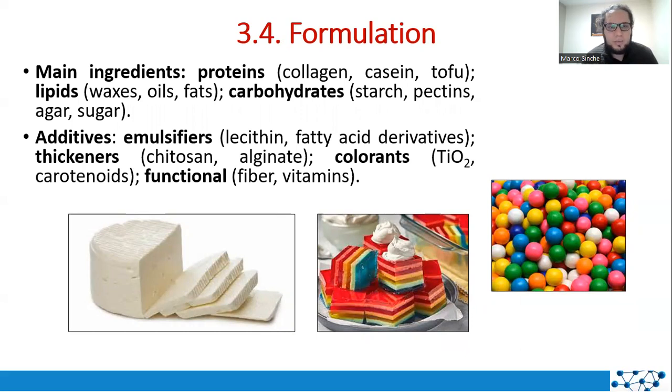In other cases, they will act as additives, as lecithin, that is probably the most important emulsifier in the industry. Others could act as colorants, such is the case of titanium dioxide or carotenoids.